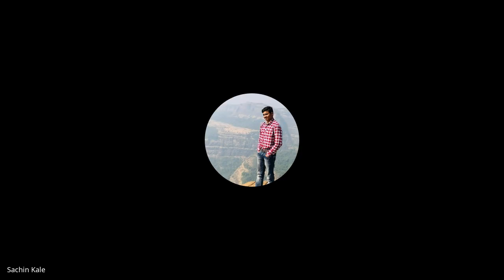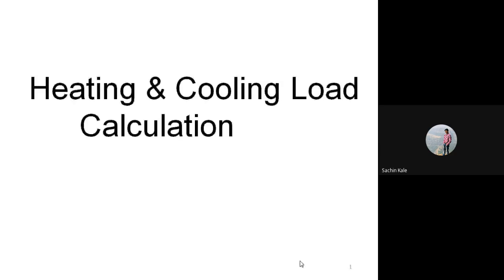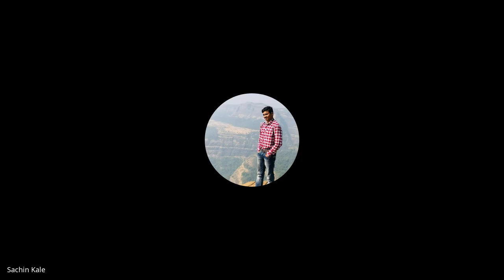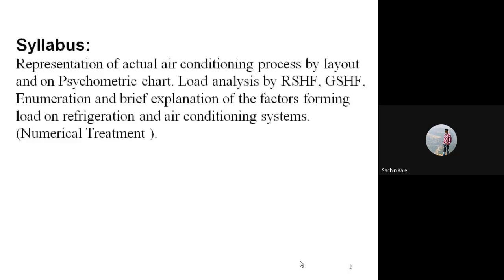The syllabus we have to study in this chapter is this: we have to represent the actual air conditioning process by layout on the psychrometric chart. Then we have to study load analysis, that is RSHF, GSHF, ERSHF. RSHF means room sensible heat factor, GSHF is grand sensible heat factor, and ERSHF is effective room sensible heat factor.